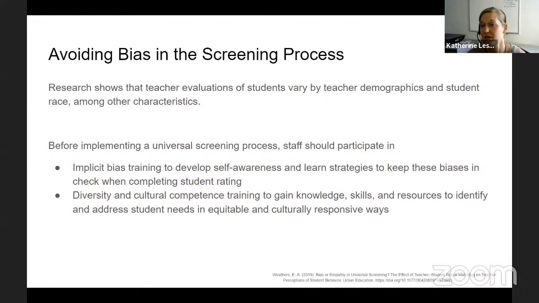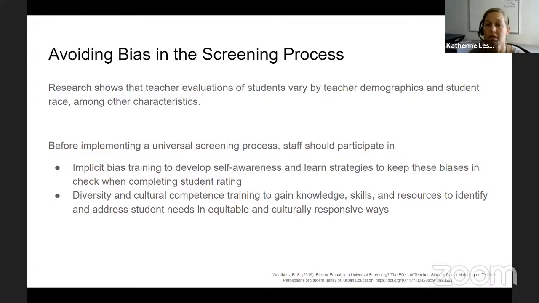Additionally, if you're not using a tool, it's been noted that using only office discipline referrals as the screening process or as the proxy for student social emotional health over-identifies 3 times more than a screening process for Black students.